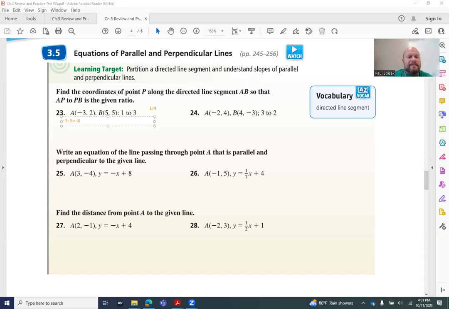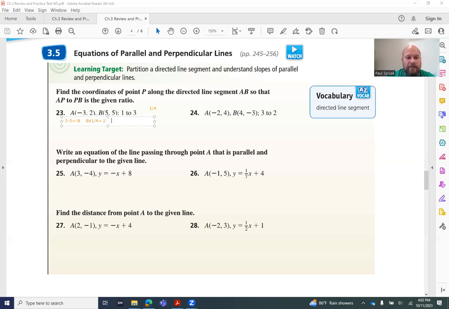Now, that -8, that's an overall distance. If we went the other way, it'd be +8. So we can call this +8. So now, once we know that, +8 times 1/4 is going to give us, well, 8 times 1 is 8, divided by 4 is 2. So we are moving 2 units on the x value.